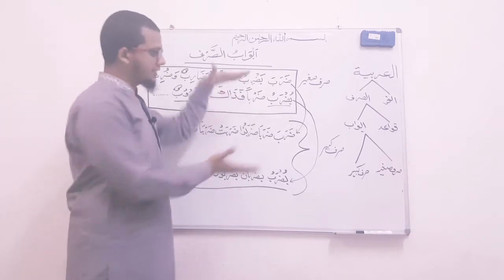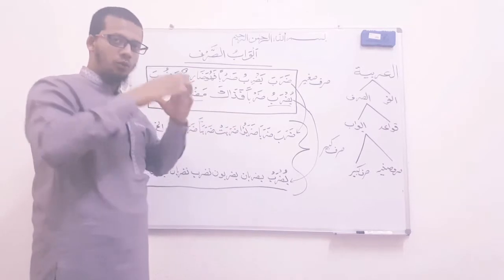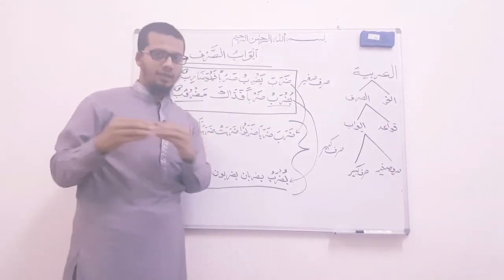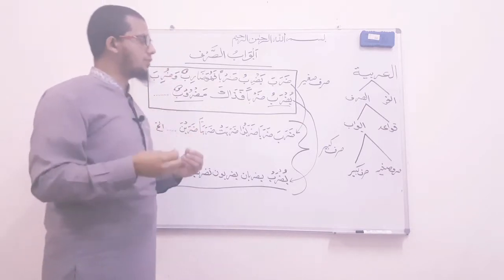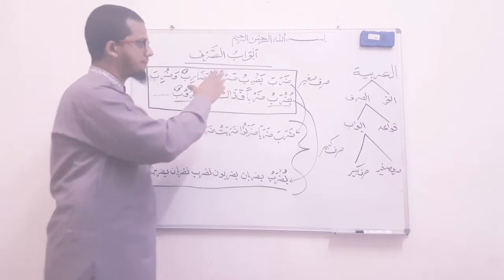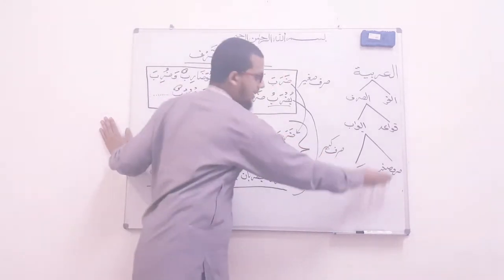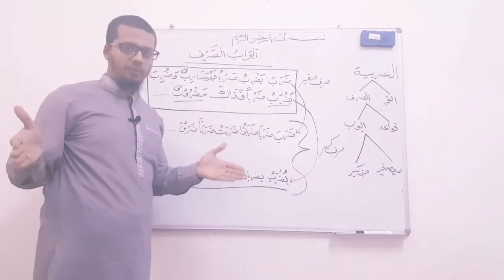So Sarf Saghir and Sarf Kabir collectively will make one Bab, and there is a name for these Abwab which we will learn in future. Just for this lesson, remember that Sarf Saghir and Sarf Kabir will collectively make one Bab, and similarly we have many Abwab available.